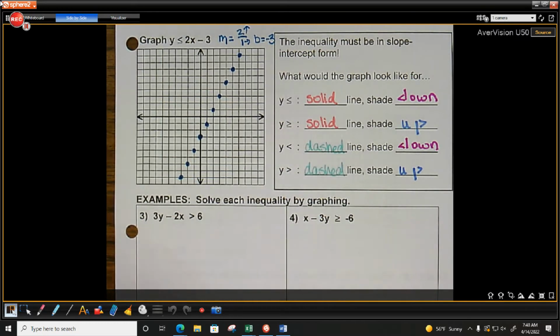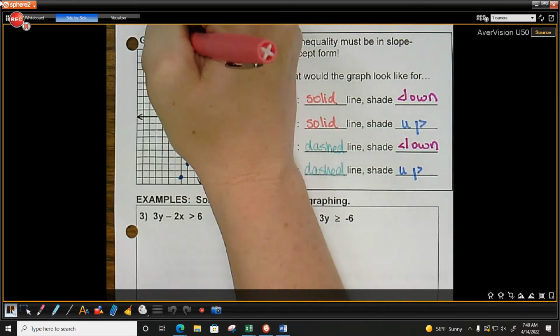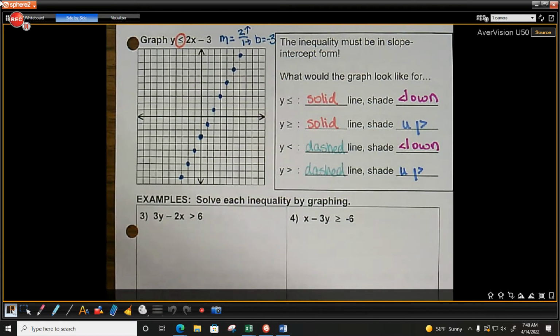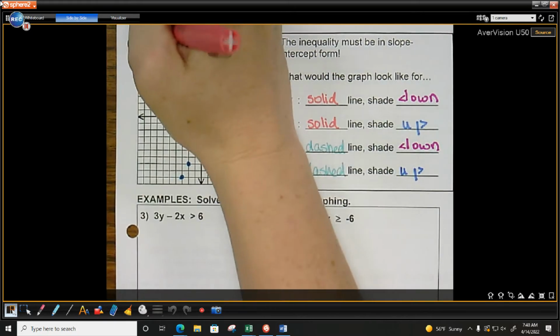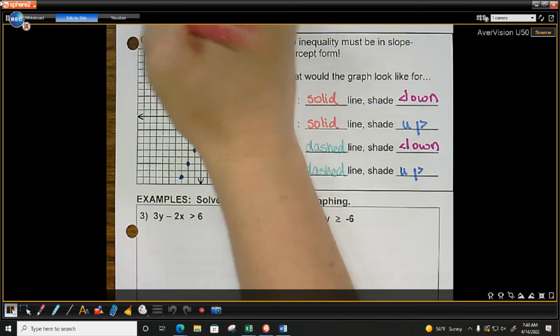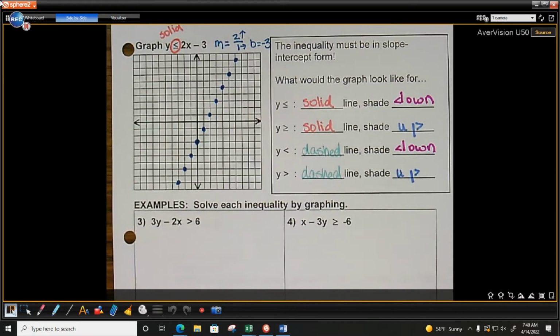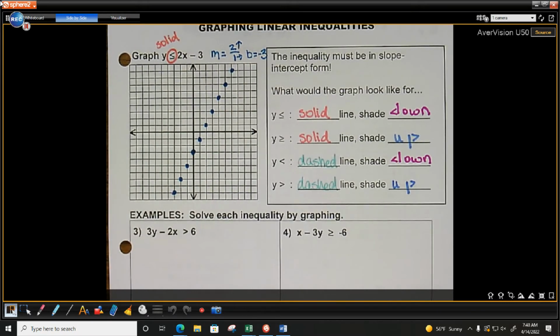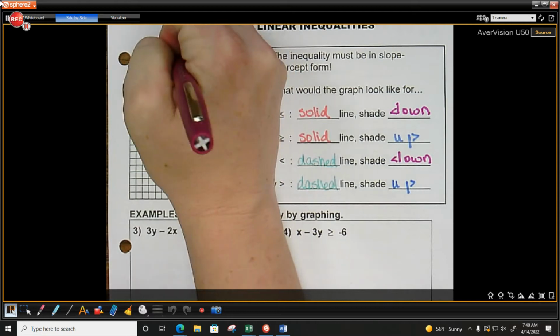Okay, looking at this inequality sign, do you see the solid line under it? Yes. So this means it's going to be solid. And does that help me make a P for up or D for down? D for down.